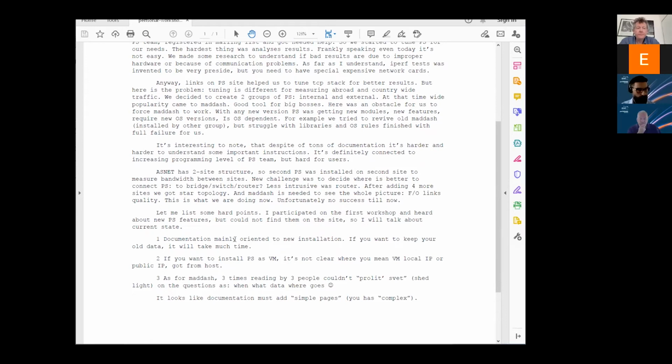And if we want to install perfSONAR as a virtual machine, it is not clear what the author means in the documentation, which IP addresses, because we have some different installations: at first a cluster, the second is some OpenStack device, and some other devices which have a different type of virtual machines.